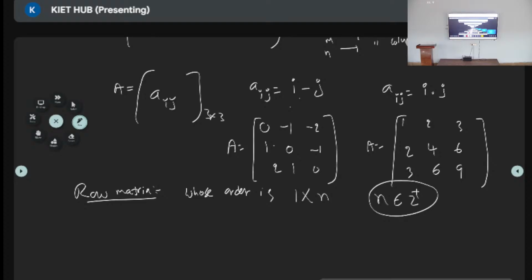We should have knowledge about the number systems. Natural numbers are from where? 1, 2, 3, up to infinity. If 0 is added to the natural numbers, we get whole numbers. Whole numbers and negative numbers are integers.